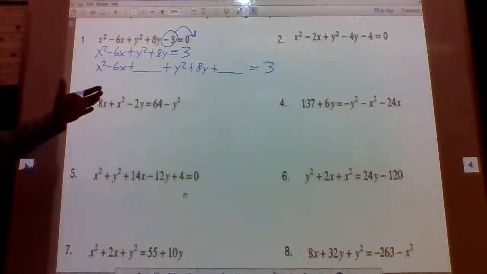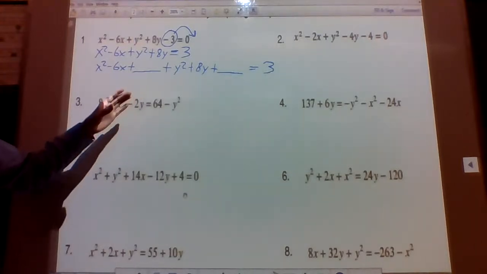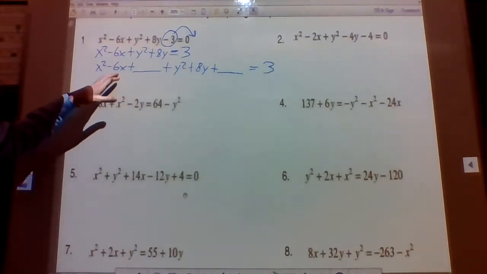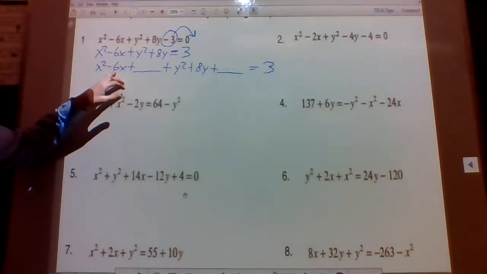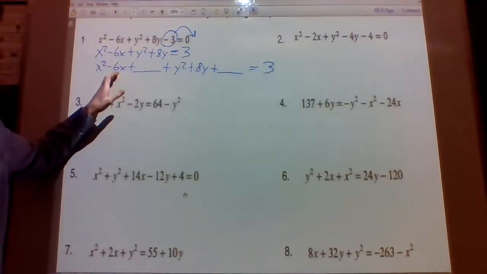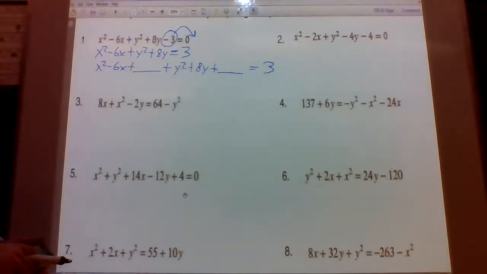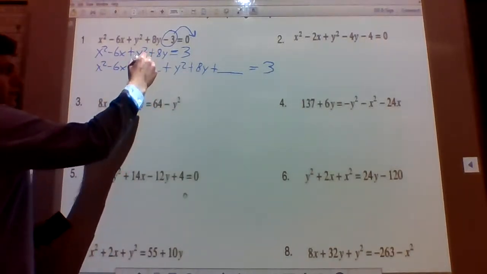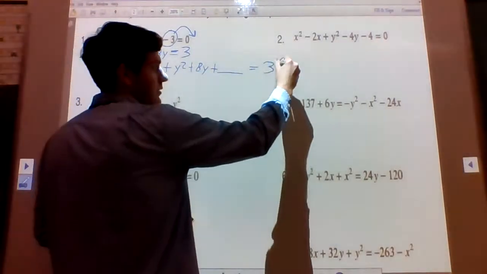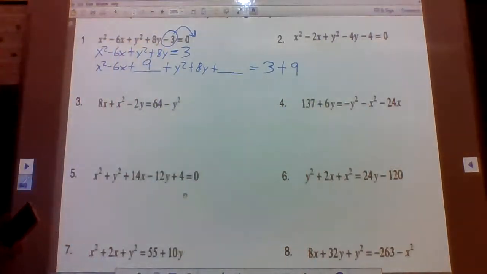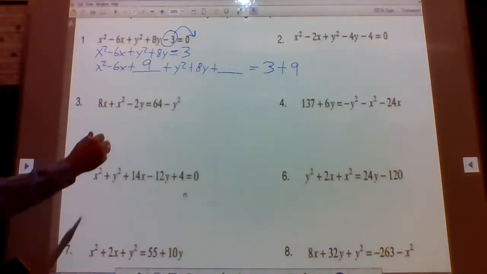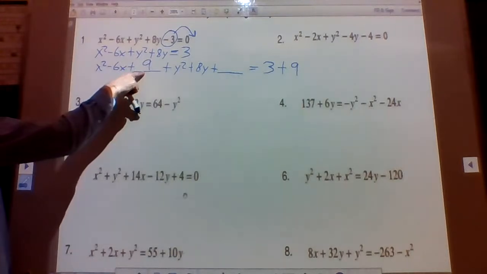To get a perfect square, we take the number before the x, divide by 2, and then square it. So 6 divided by 2 is 3. 3 squared is 9. If we add 9 to this side, we have to add 9 to the other side.